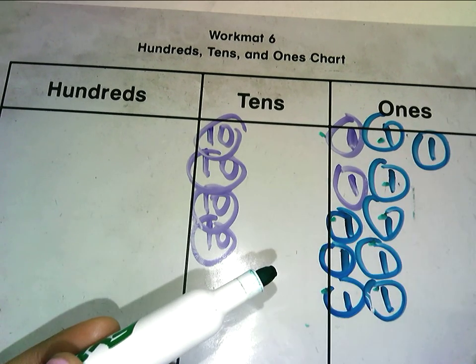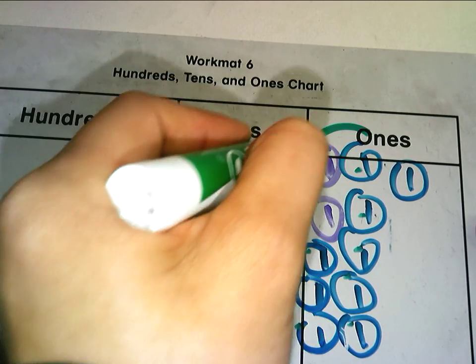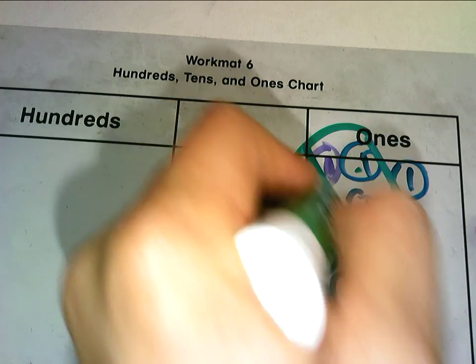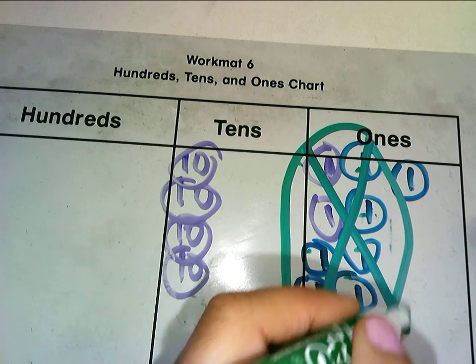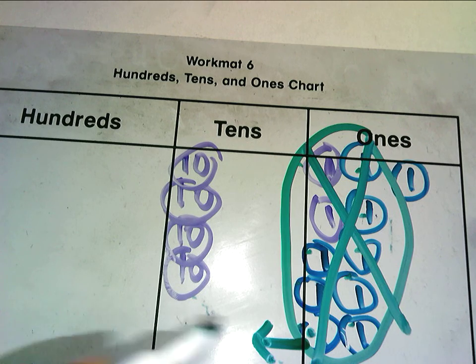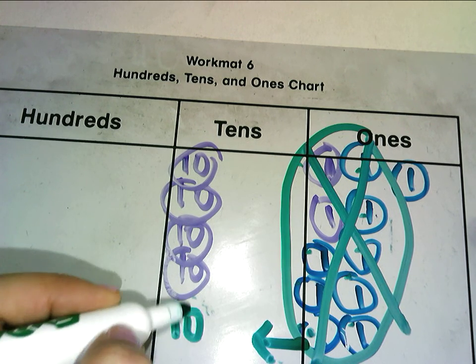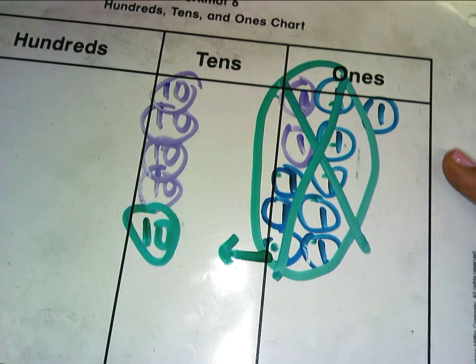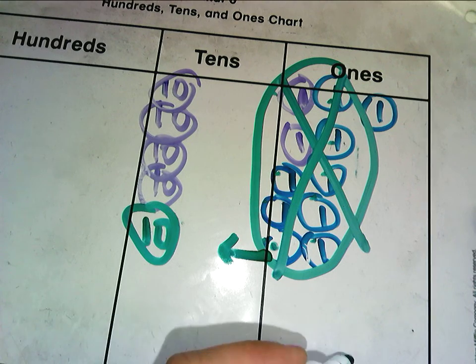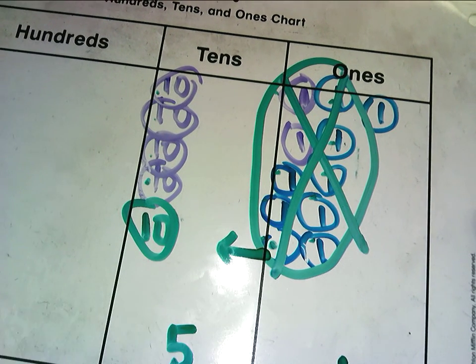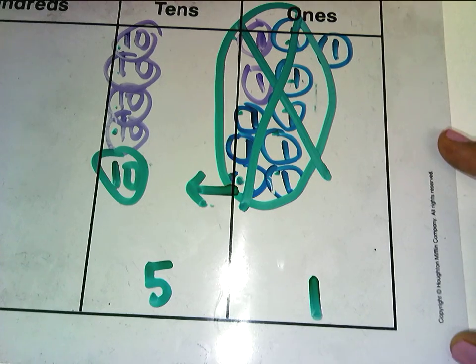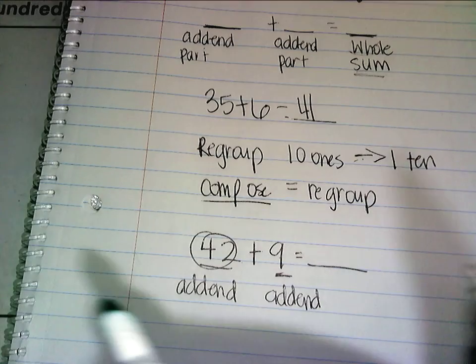Always count it first just to make sure. So 10 ones, you regroup. So circle it, cross it off, draw an arrow over to the 10s, and write that group of 10. So now you have 1 in the 1s place, 1, 2, 3, 4, 5 in the 10s place. So 42 plus 9 is 51.